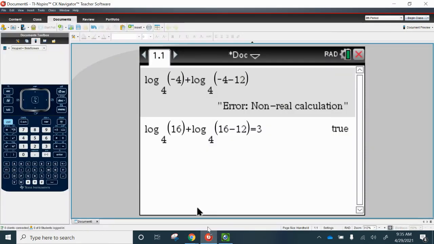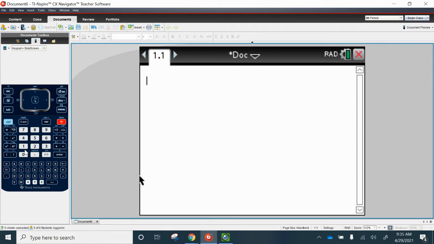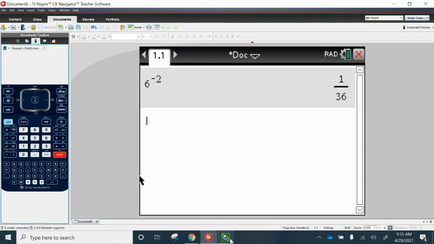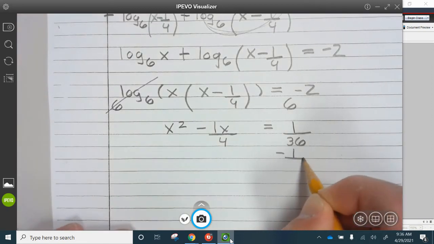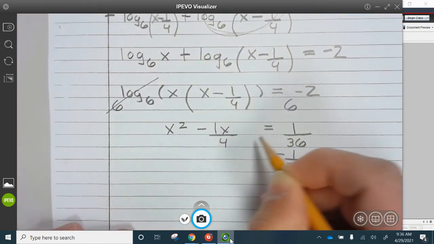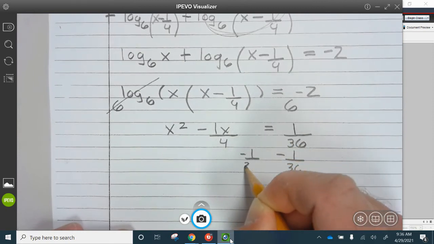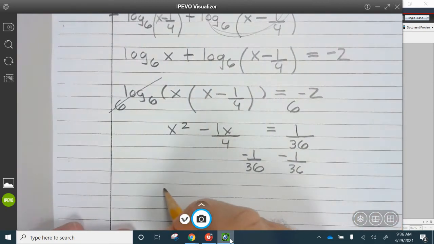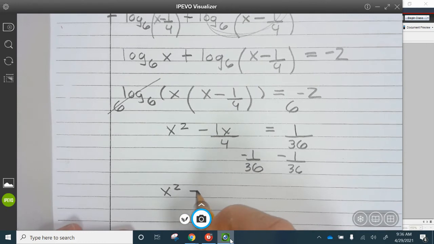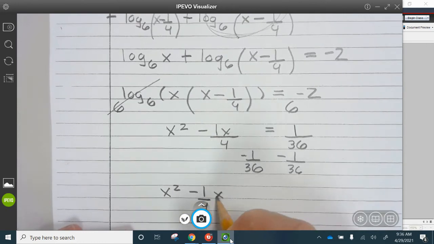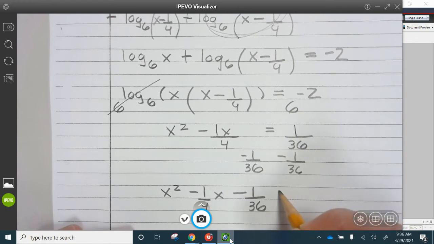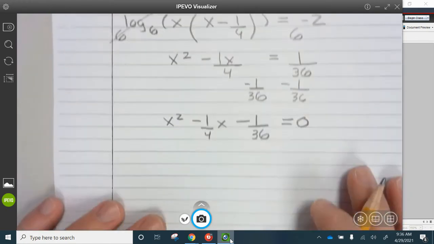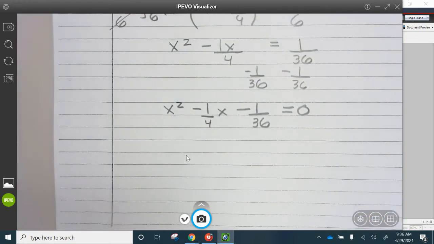And we can make sure that's correct by doing this. 6 to the negative 2 is 1 divided by 36. All right, so now we need to subtract 1 divided by 36 from both sides. Okay, so then we have x squared minus 1/4 x minus 1/36 equals 0.